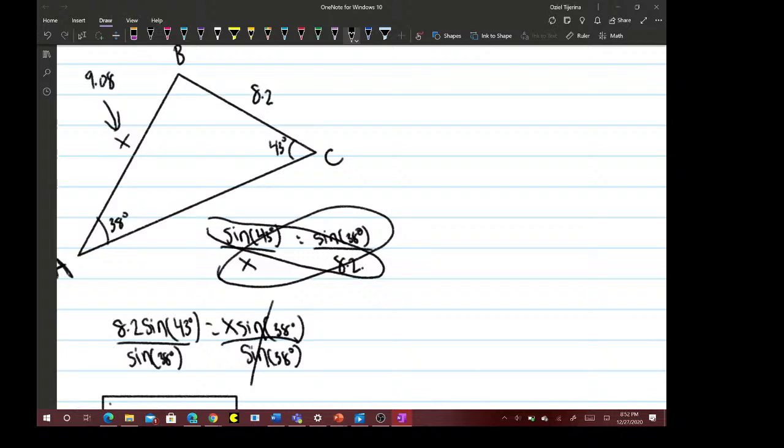You can always do it first, you don't have to do it last, but it's the easiest part. Angle B is equal to, basically you say 43 plus 38 plus angle B equals 180.